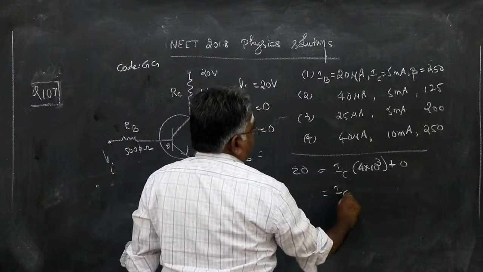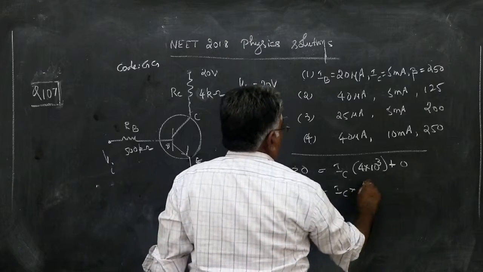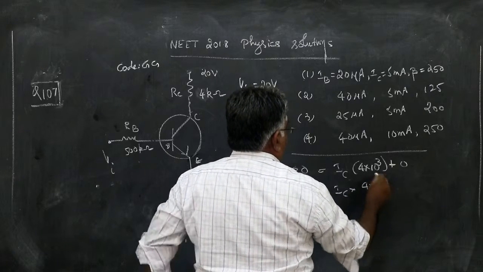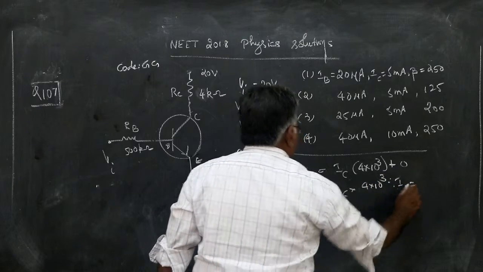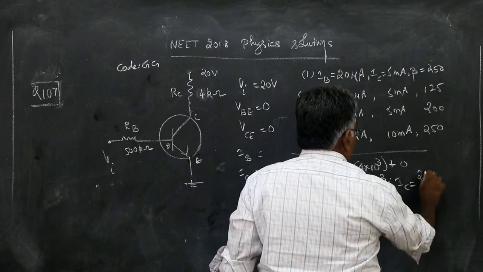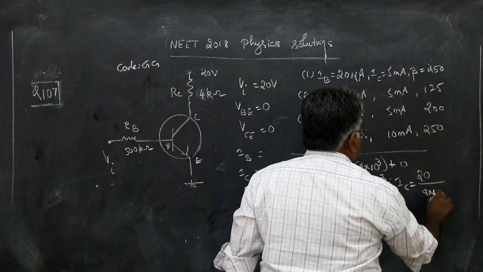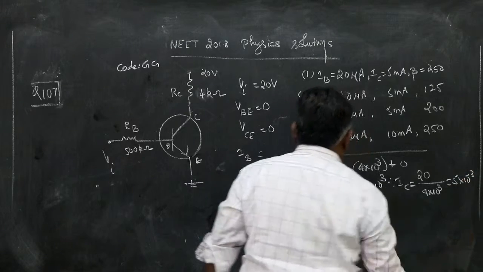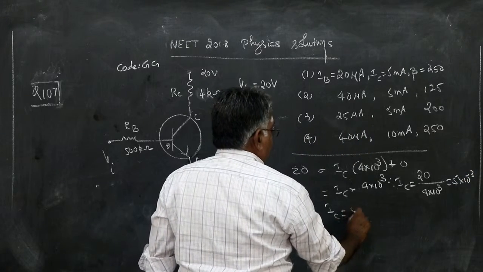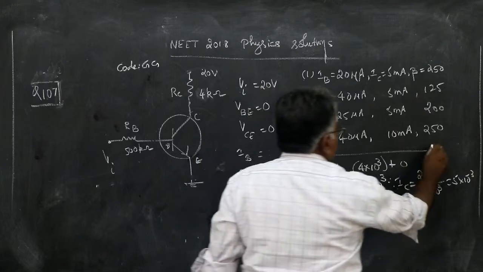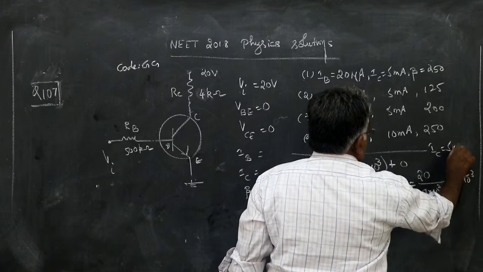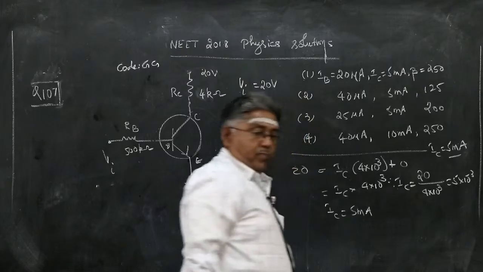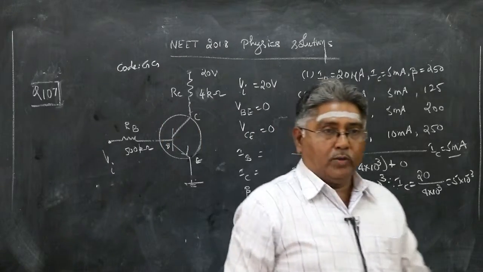Therefore, this is IC into 4 into 10 power 3, which gives you IC is equal to 20 by 4 into 10 power 3, which is 5 into 10 power minus 3. So you get IC as 5 milliampere.